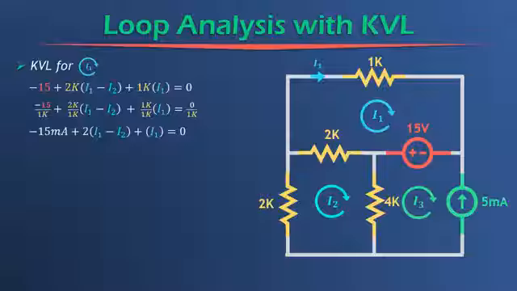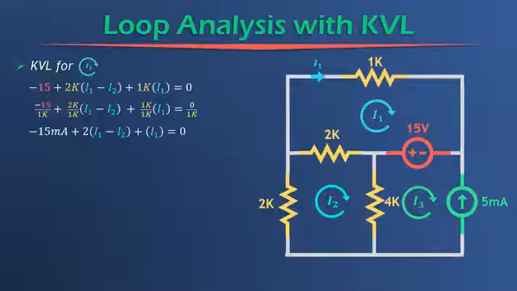Now, how did we go from a negative 15 over 1K to negative 15 milliamps? Well, if you remember, if you divide something in volts, which negative 15 is in, by something in kiloohms, you will get something in milliamps. Maybe something good to remember. Makes your life easier.